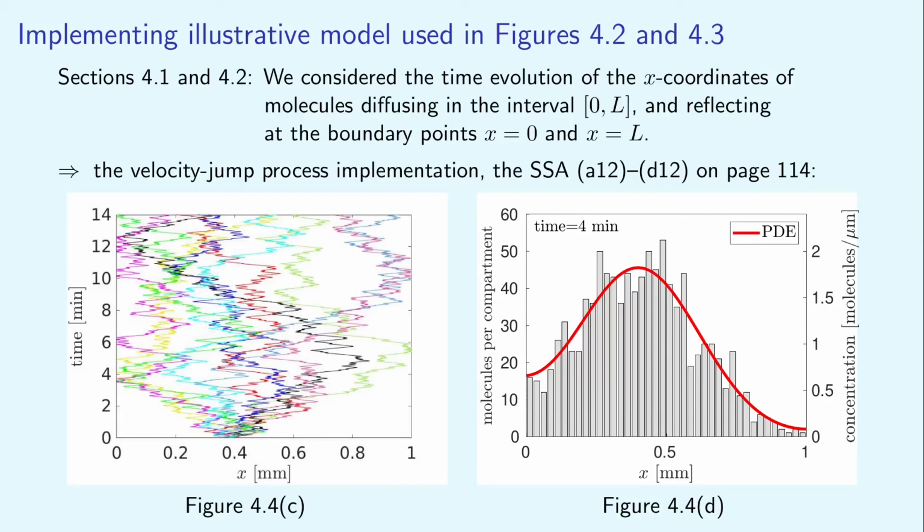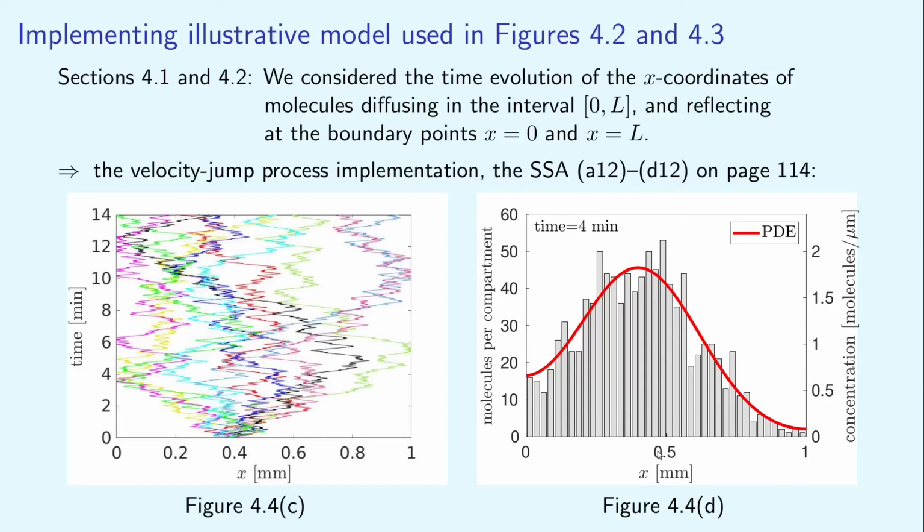Considering the velocity jump process, we also have to specify the value of the speed s. We have previously estimated that the speed s for diffusing proteins is about 10 meters per second, which resulted in a relatively large turning frequency, equal to 500 turns per nanosecond on average.